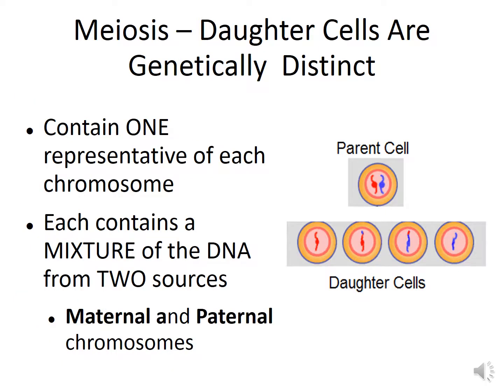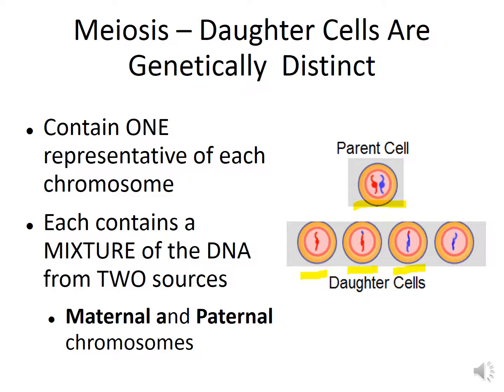Now another interesting thing to note with meiosis is that those daughter cells are actually genetically different or distinct from one another. Okay. First, look at the chromosomes inside the parent cell here. You notice that there's 2 of them, one red and one blue, because one came from mom, we'll say, and one came from dad, maternal and paternal. In the daughter cells, though, we only have one copy of those chromosomes.